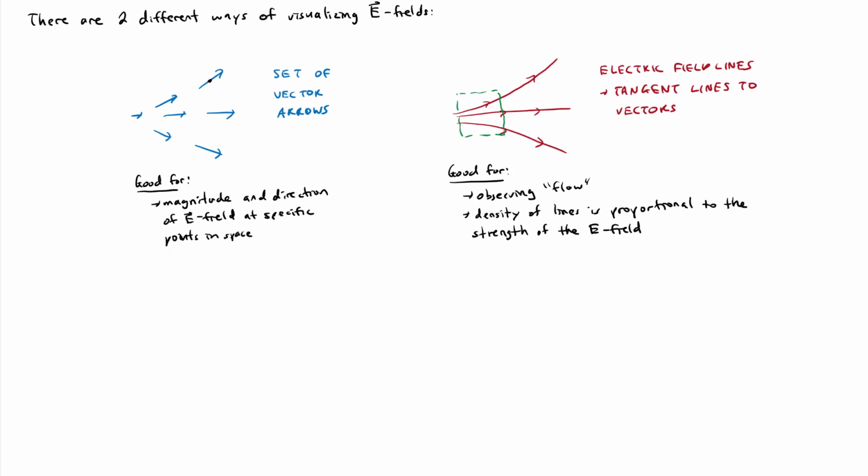Now we want to look at how to figure out the direction of these electric field vectors. In order to know what direction they point in, we have to look at our point charge Q again, which can be positive or negative. How do we know which direction the vector points in?